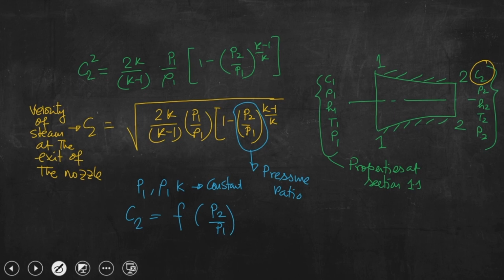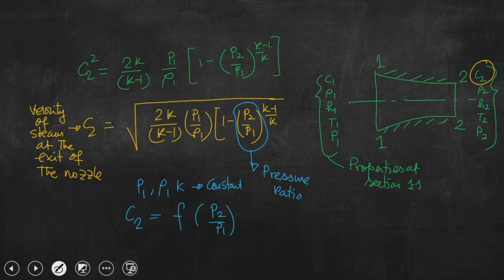So, knowing the pressure of steam at the inlet of the nozzle, someone should try to calculate what the pressure ratio should be, that means what would be the pressure range of operation for which the flow velocity at the exit should be maximum, which in turn will give the maximum kinetic energy of the steam jet coming out from the nozzle.